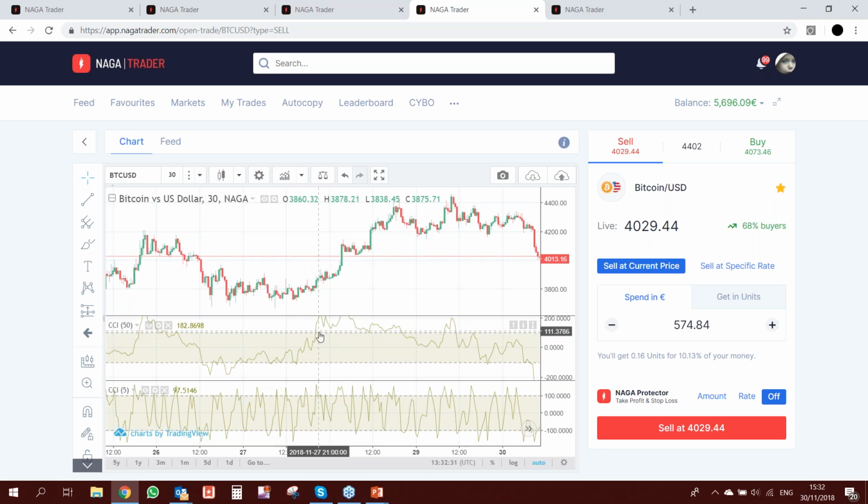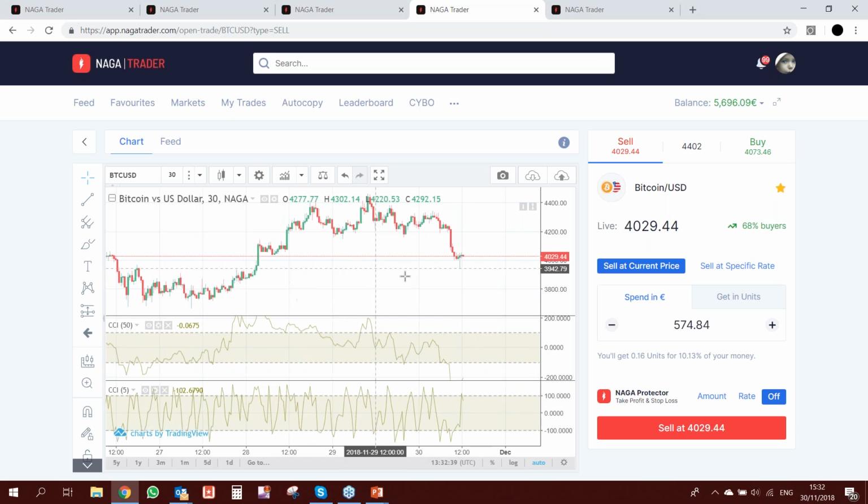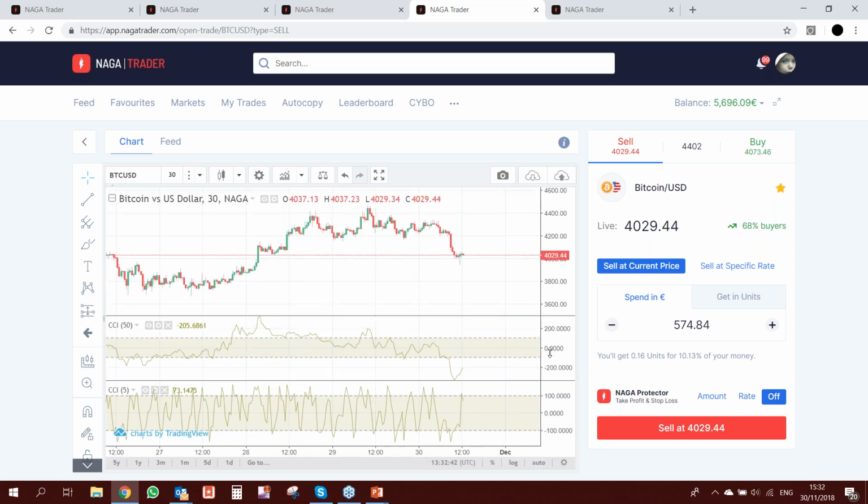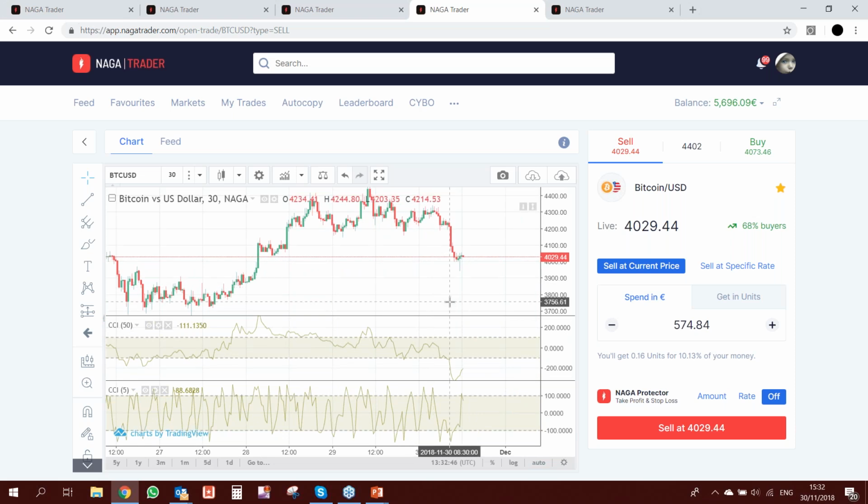But with CCI, it's once price breaks above the overbought. Now, we can also see a break here on the CCI for the first time, breaking below, which was exactly here. And once it broke below its oversold, it did provide a move of $300.